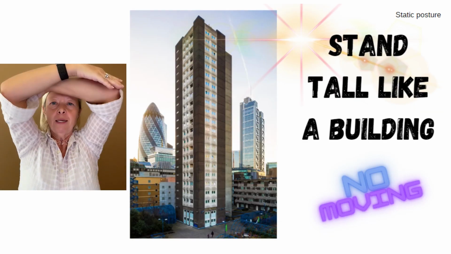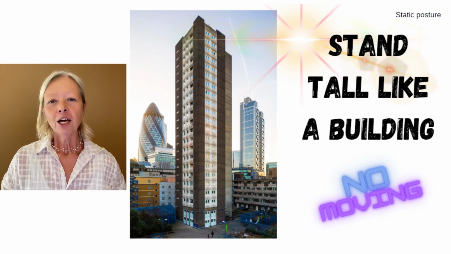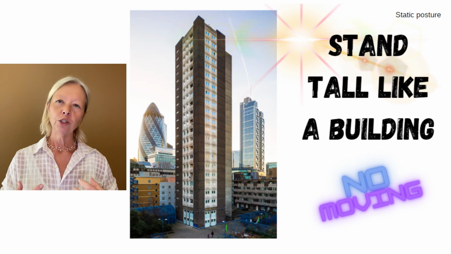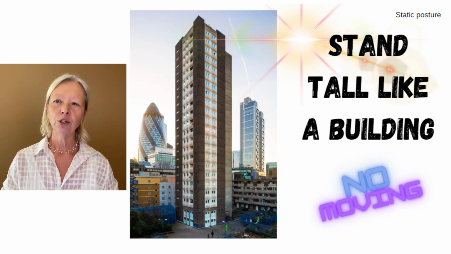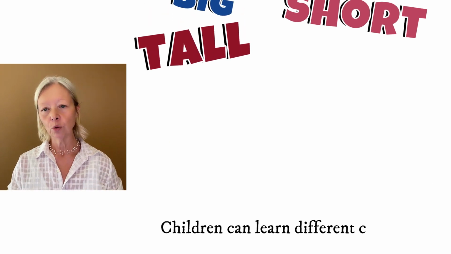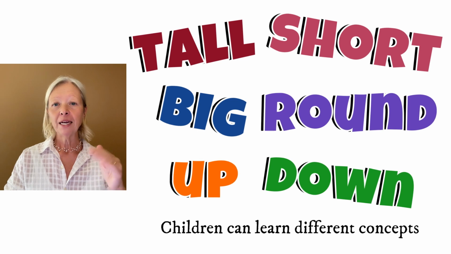Or if I put my hands up like this, I can pretend I'm a building. So there are lots of ways that children can use their bodies to pretend that they are certain objects and really start understanding the concepts of tall and short and big and round and long and up and down.